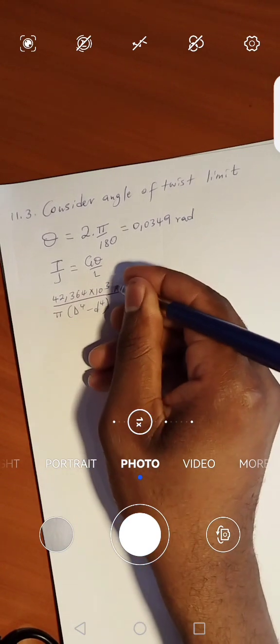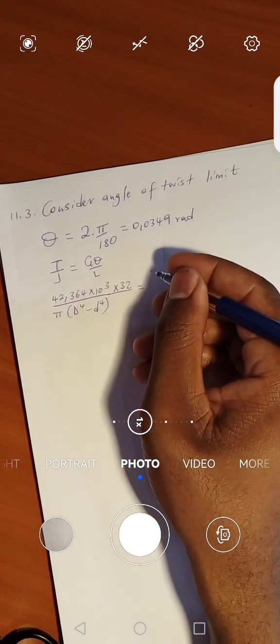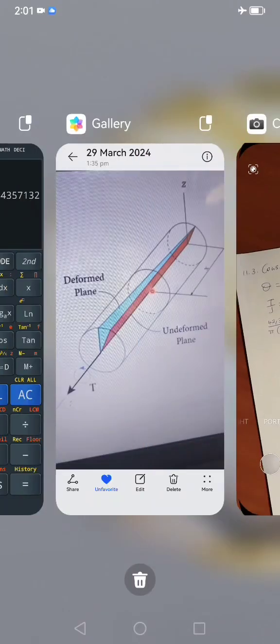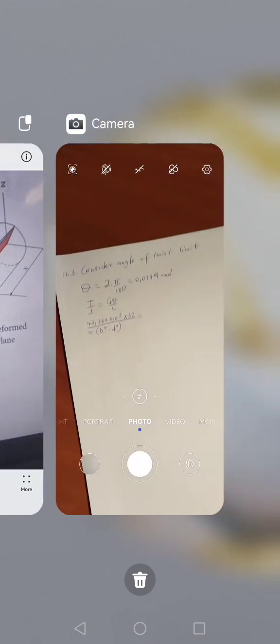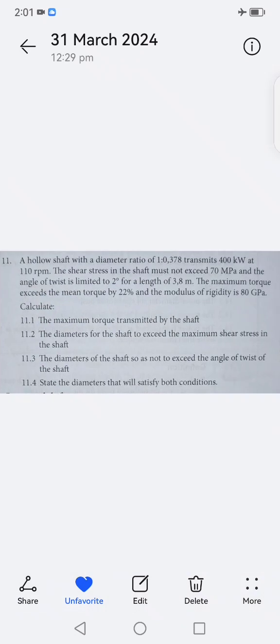That 32 I put it here, equals to G. What is the modulus of rigidity? It is 80 GPa.